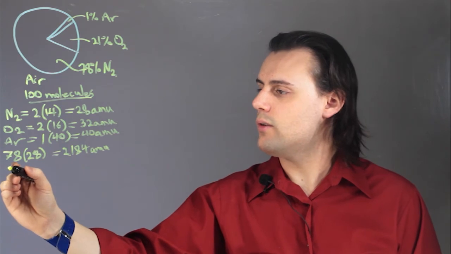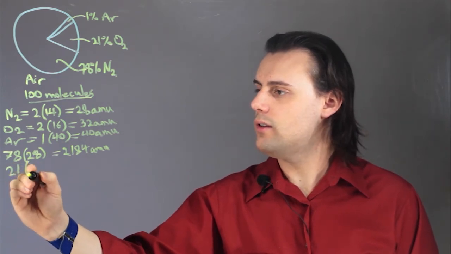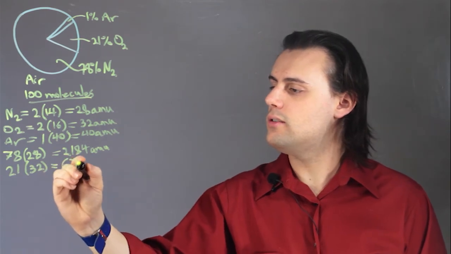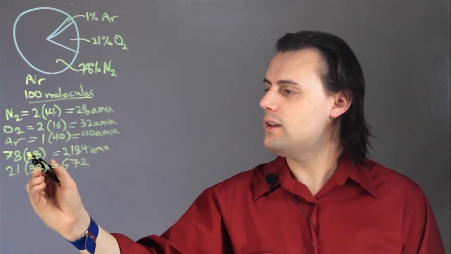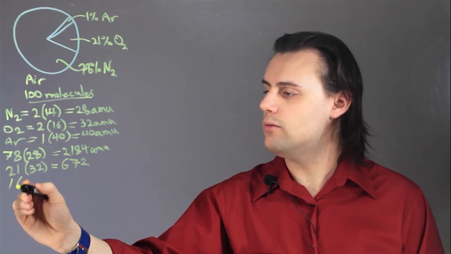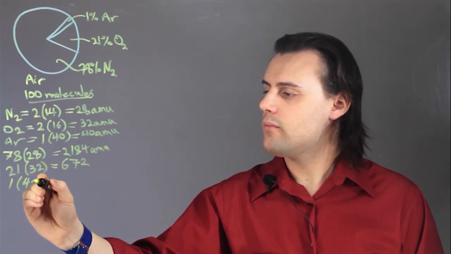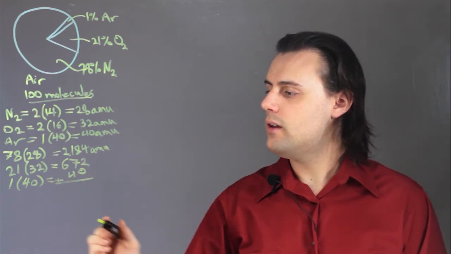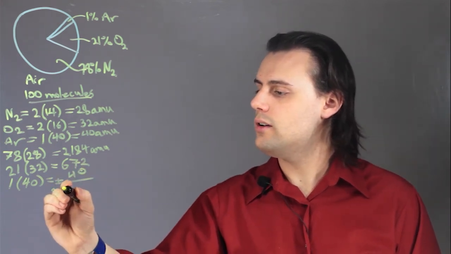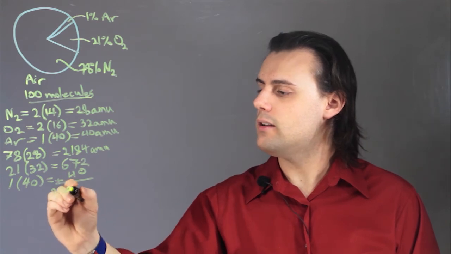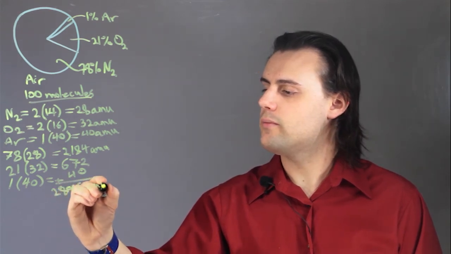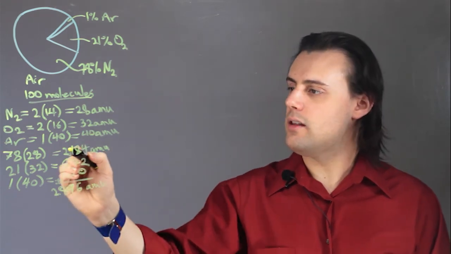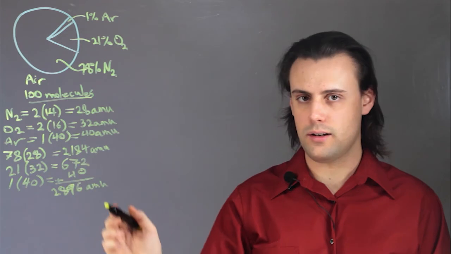For oxygen, we have 21 molecules times 32, and this is going to be equal to 672. And finally, for argon, we just have 1 molecule, 1 atom, and that's going to be equal to 40. And when we add these up, we get a total of 2,896 AMU.